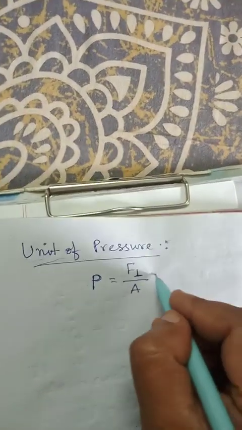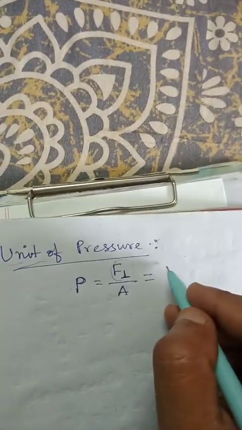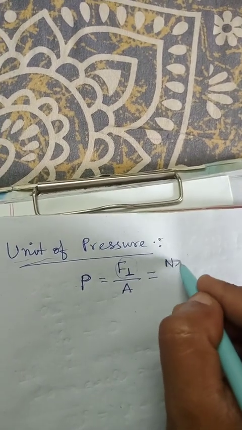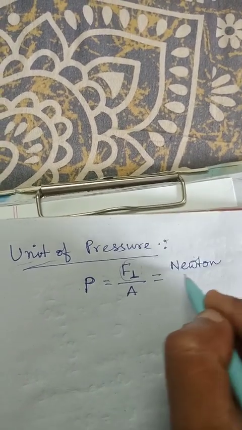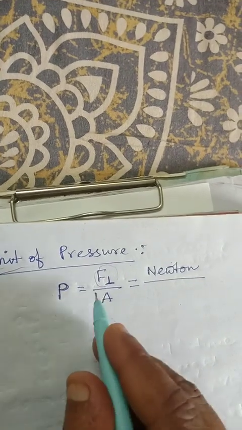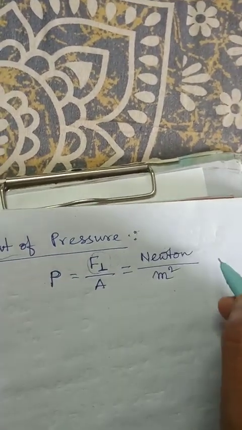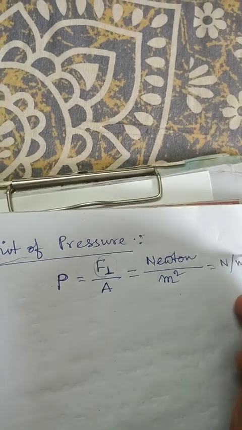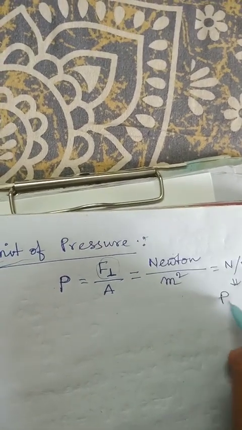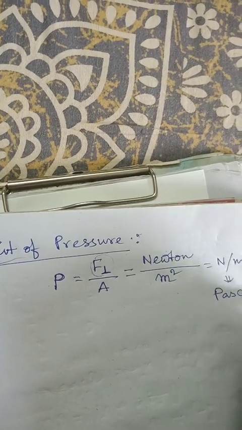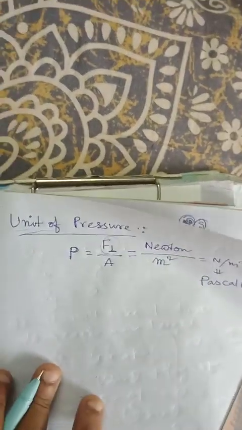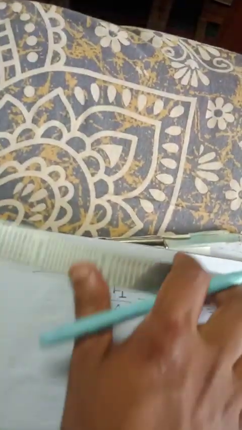So the unit of pressure equals the unit of force or thrust, that means Newton, divided by the unit of area. The unit of area is meter square, so we can write Newton per meter square, and that is named Pascal. So the unit of pressure is Pascal.